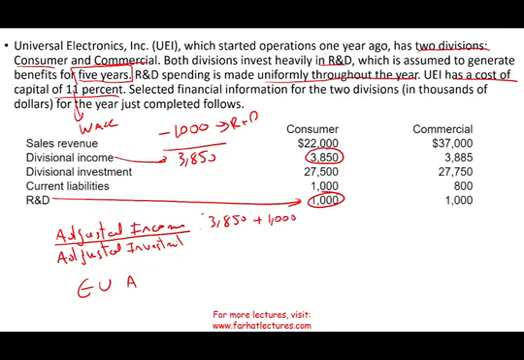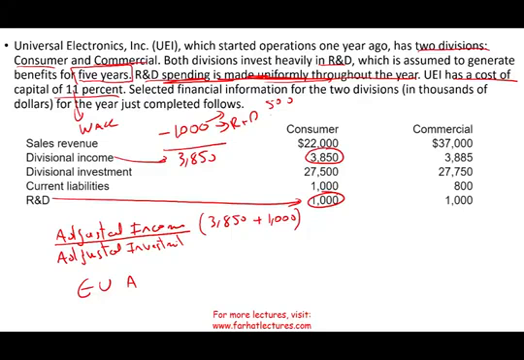Then we have to deduct the amortization for this R&D, because R&D gets amortized, just like depreciation. You might think we deduct $200 because of 5 years. But they're telling us they spend the money uniformly throughout the year. It does not mean they spend $1,000 right from the get-go. They spend it evenly, so on average they had a $500 expense in R&D.